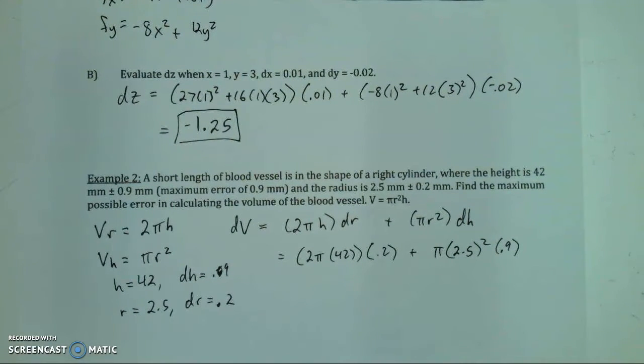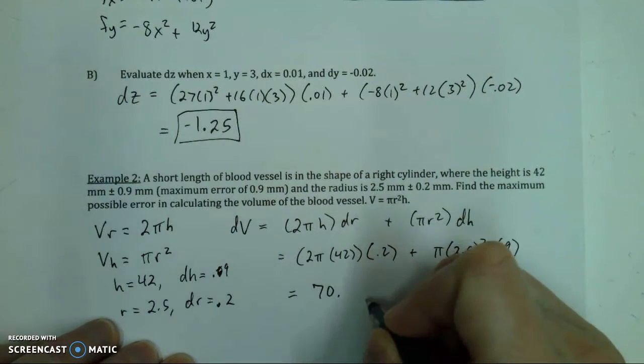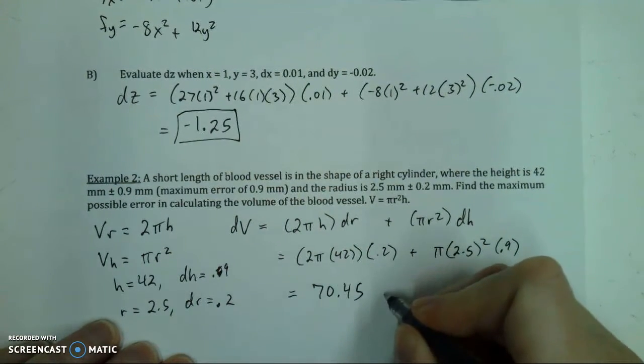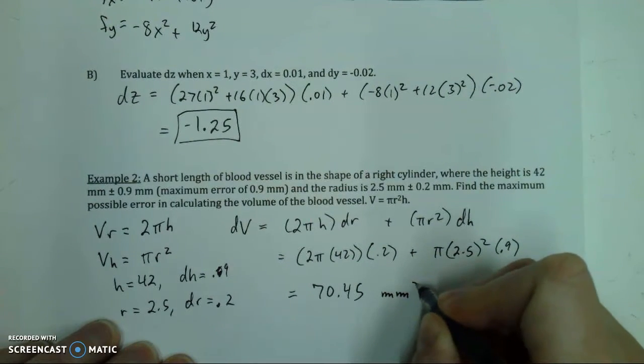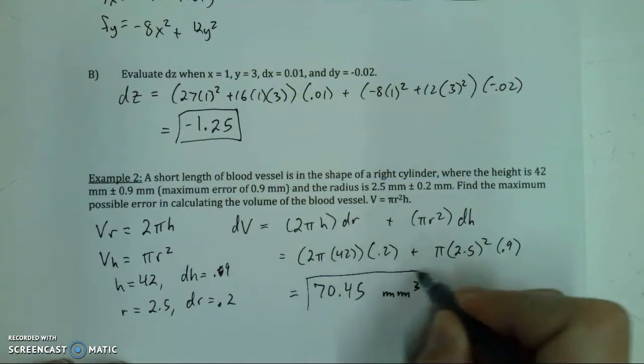And once again, let's go ahead and plug that into my calculator. So 2 times pi times 42 times 0.2 plus pi times 2.5 squared times 0.9, and I get out approximately 70.45. And this is going to be cubic millimeters, because it is volume that we're talking about.